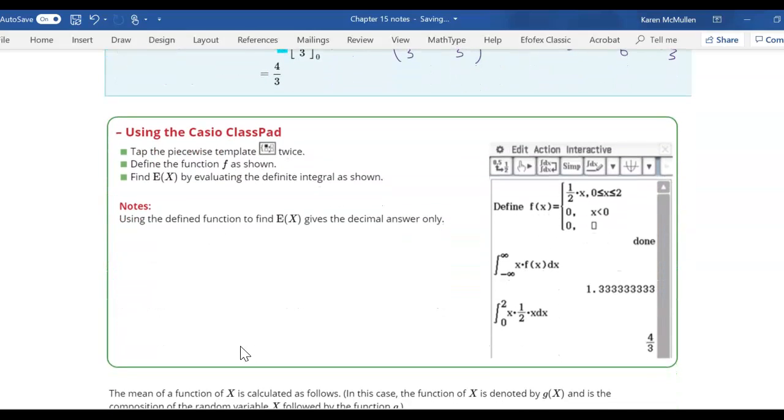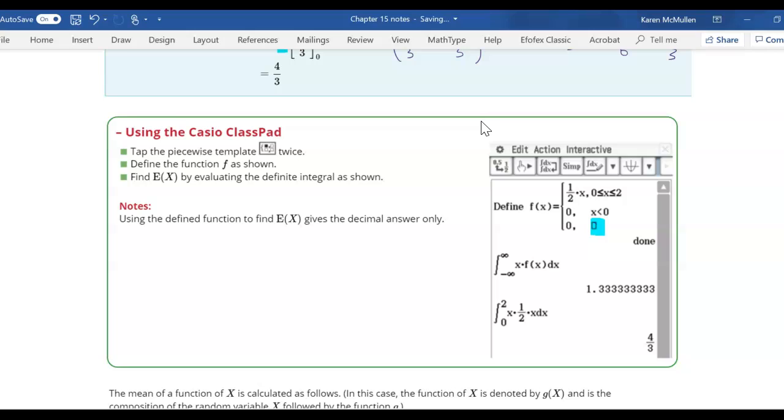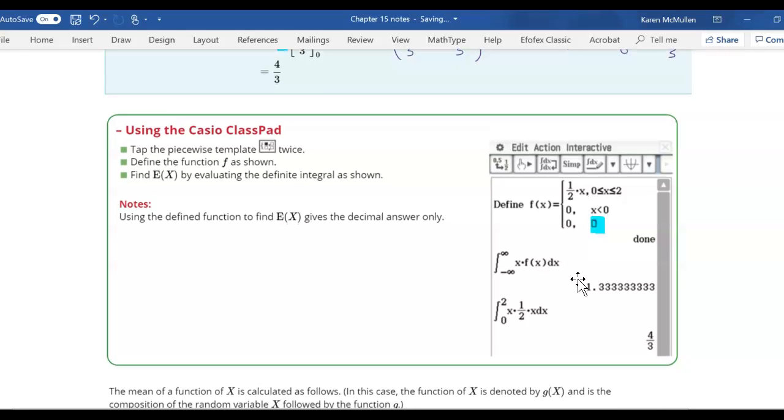All right, so you can see the calculator instructions, not that difficult. I think they've forgotten to put, let me just get my highlighter, the other domain, x is greater than 2, but clearly that didn't make any difference.